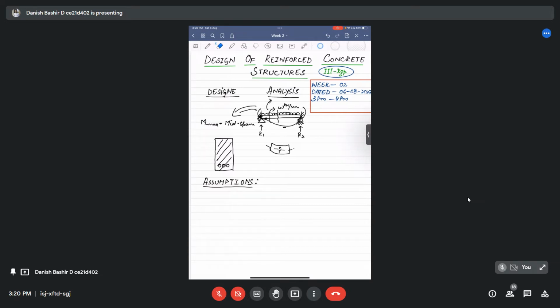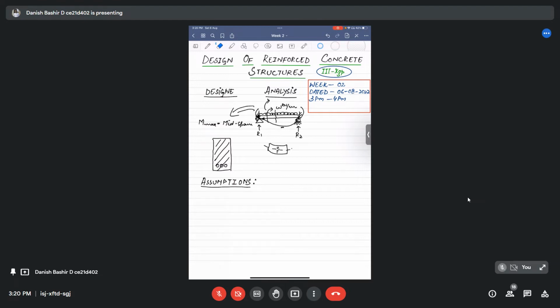For example, this is our simply supported beam, as I already discussed before. It is subject to some loading. For example, it bends like this. This is the elastic deflection.